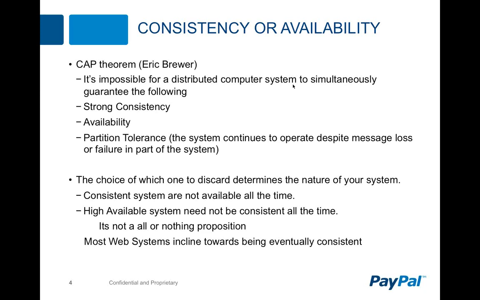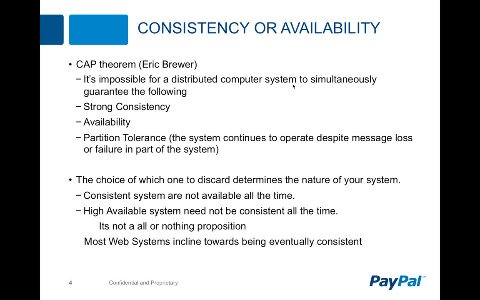This may not happen all the time, so it's something you have to understand. CAP doesn't necessarily mean you will get only consistency or availability. What CAP tells you is that when the system starts to fail, your system has to take either the consistency approach or the availability approach.